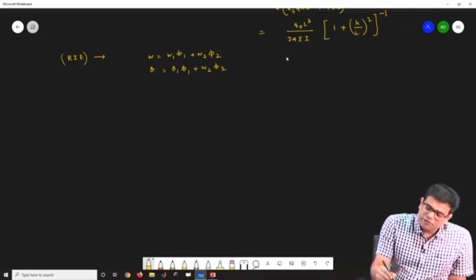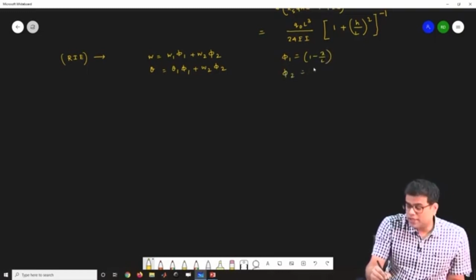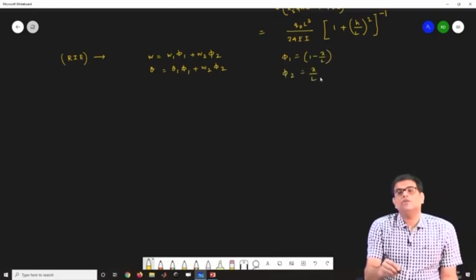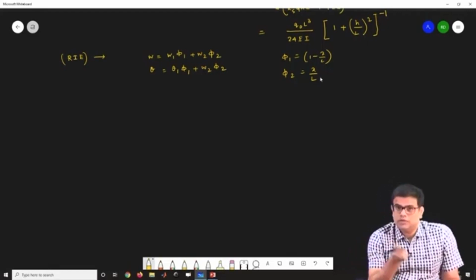Now here phi 1 and phi 2 are linear polynomials, so phi 1 is 1 minus x by L and phi 2 is x by L. So here also I can use a quadratic polynomial, for instance the quadratic Lagrange polynomial that we have used.